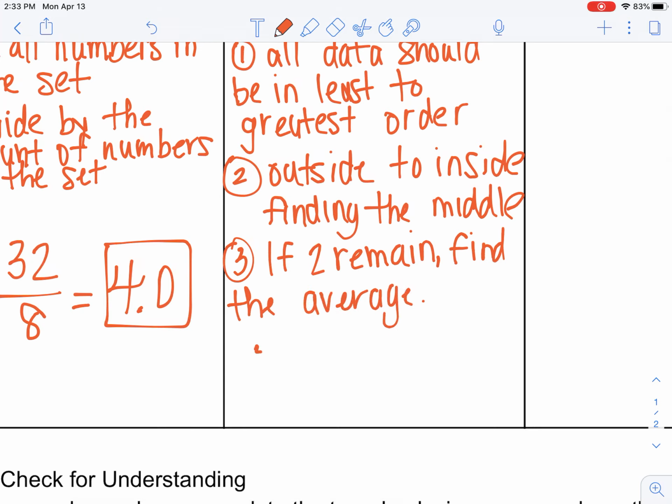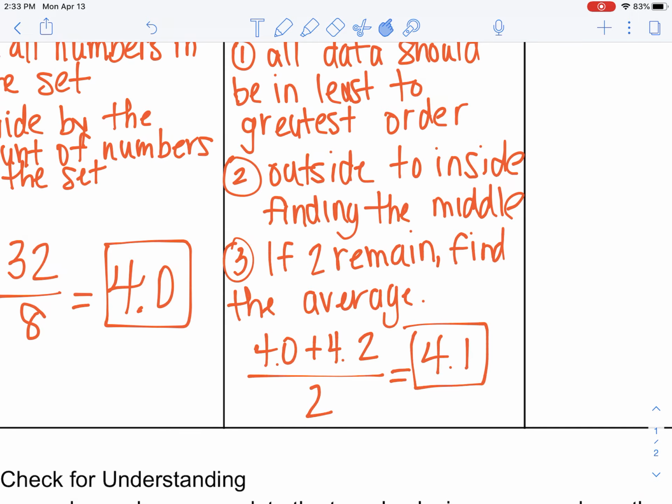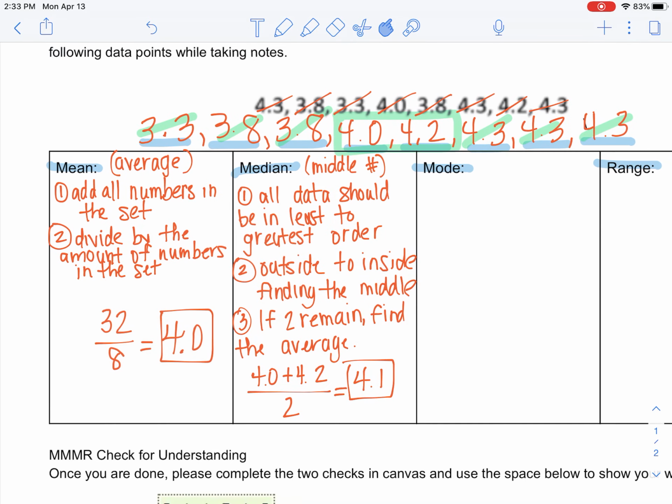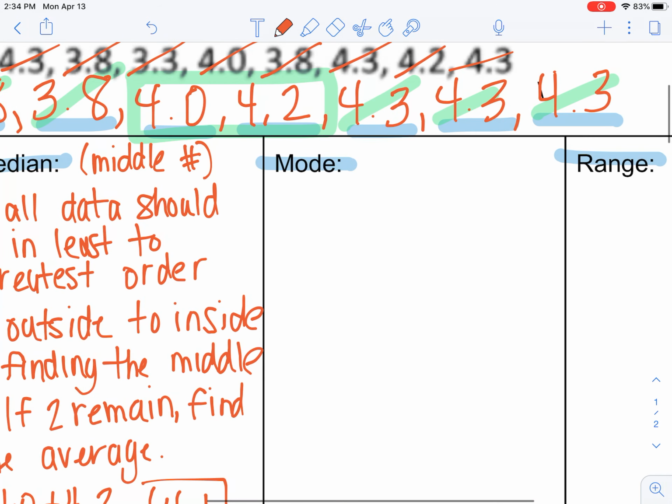So we're going to take 4.0 plus 4.2, and we're going to divide those by 2, and when you do that, your median ends up being 4.1. And if you need to rewatch finding the median, go ahead and do that. If there are not 2 numbers in the middle and you just have a direct center number, that is your median.